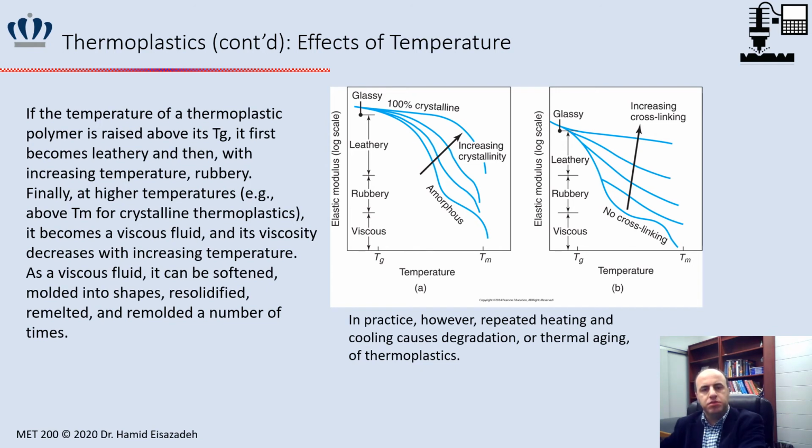And remember that for thermoplastic, in practice, repeated heating and cooling causes degradation. There is one term that they use for thermoplastic. It's called thermal aging of the thermoplastic. It happens when you heat the thermoplastic several times and cool it down back to room temperature.